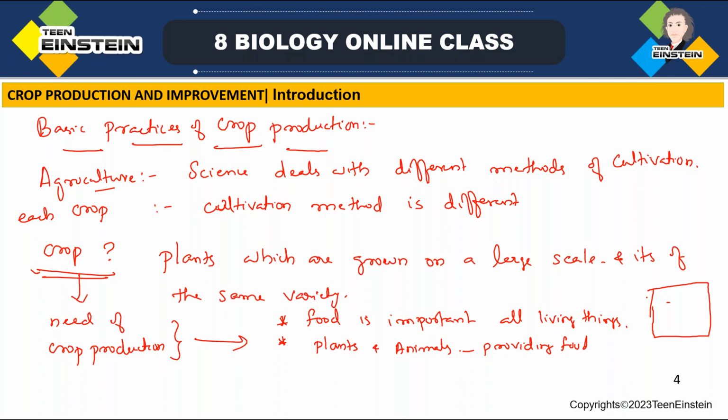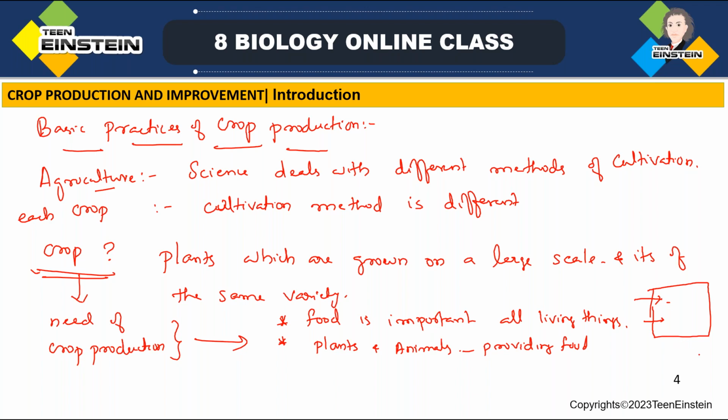Then the farmer will go and select maize. Among maize you will get a huge number of varieties. So for that particular area, you need to find out which variety is giving good yield. And from there you need to start your farming practices.